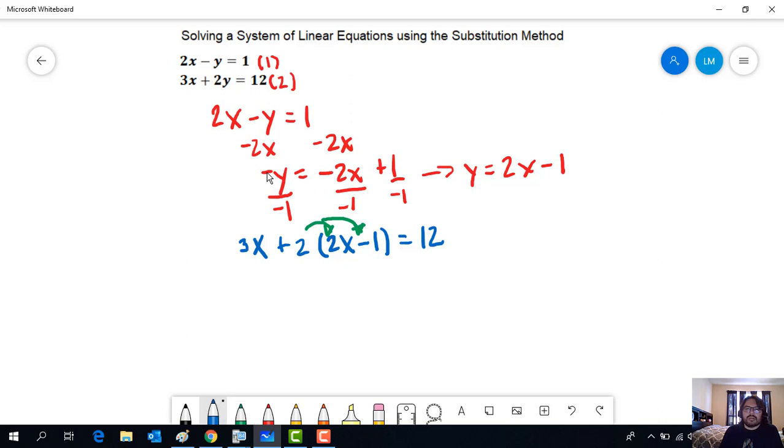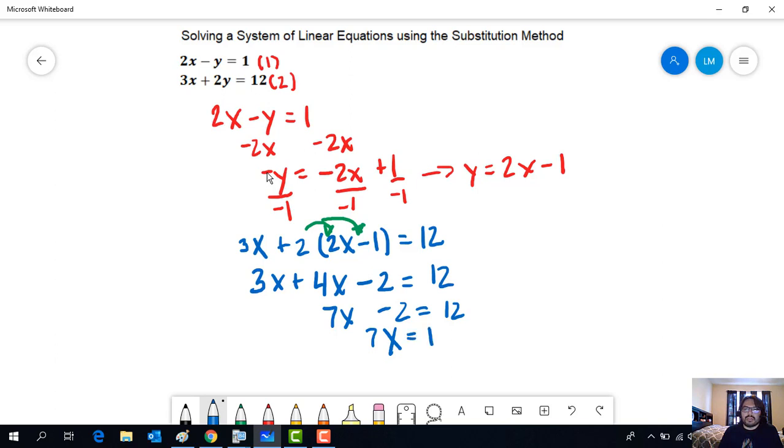In that case, we have 3x plus 4x minus 2 equals 12, which if we reduce further, we have 7x minus 2 equals 12, but that tells us that 7x is equal to 14, which if we solve by dividing by 7 on both sides, tells us that x is equal to 14 divided by 7, which is just 2. So we have that x is equal to 2.